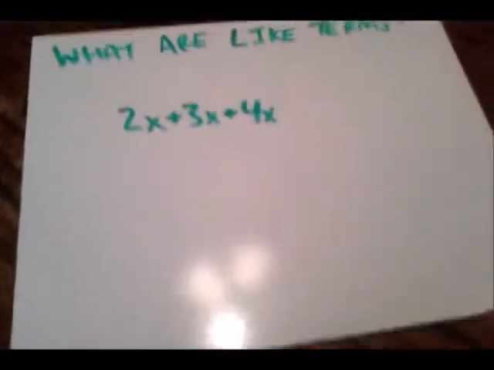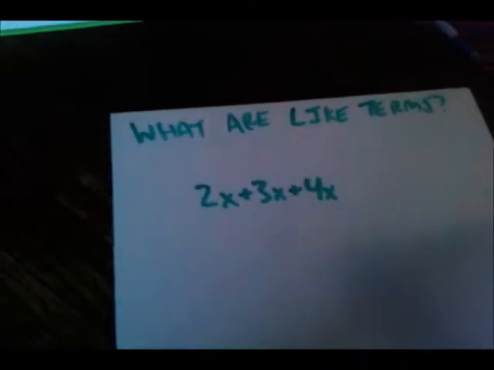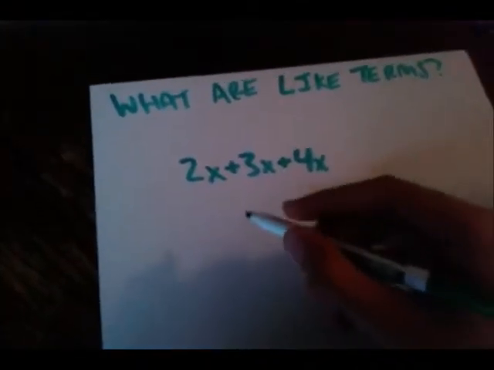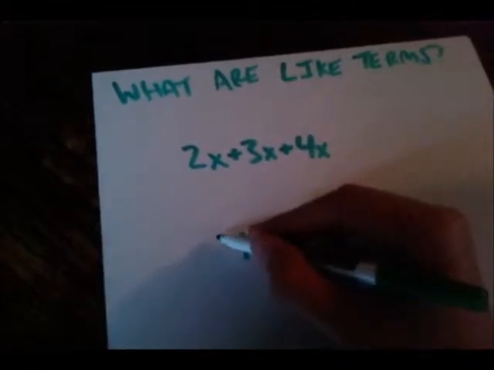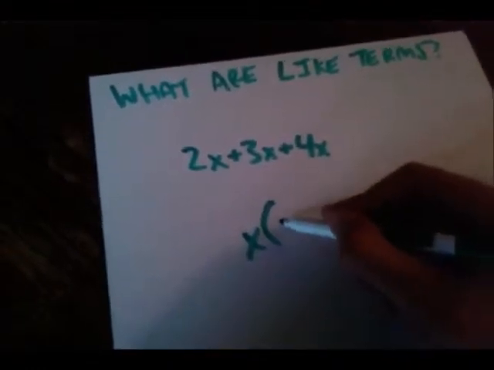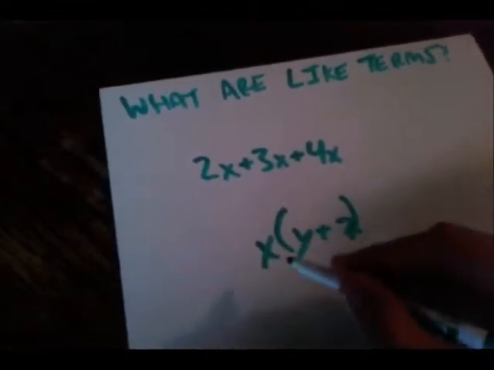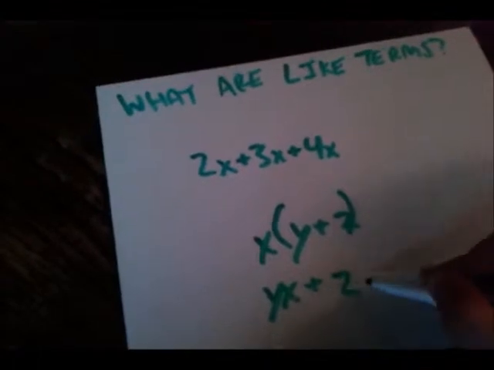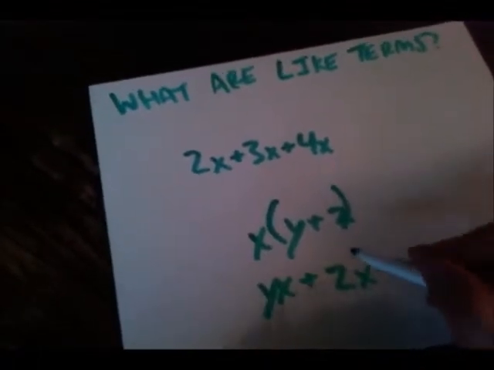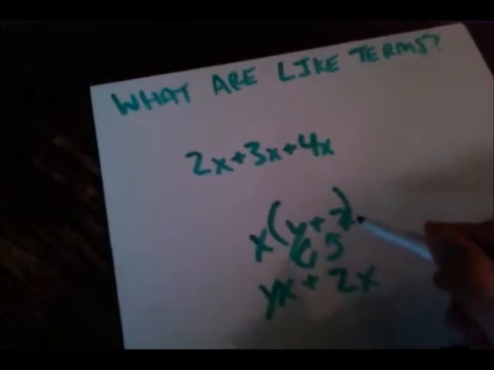Okay, so the distributive property says that x times (y plus z) is equal to yx plus zx. Well, wouldn't it also be true that this can go back from here to here?